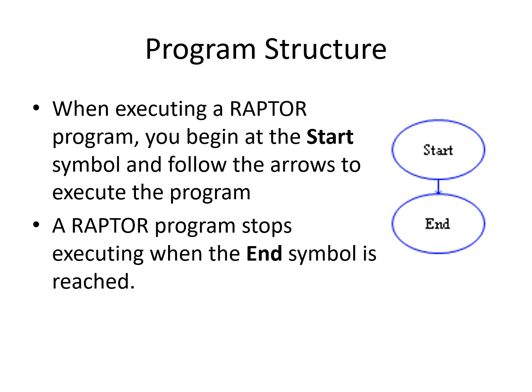A Raptor program stops executing when the end symbol is reached. A flowchart with start and end symbols is seen on the screen. This slide explains the fundamental control flow in Raptor. Program execution begins at the start symbol and proceeds along the arrows until it reaches the end symbol.